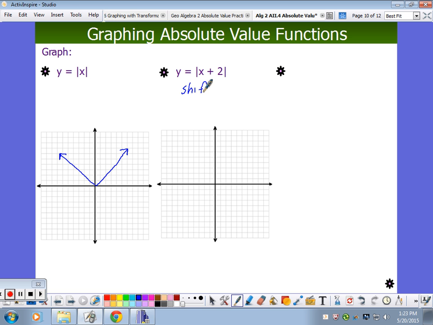To the left. So you're going to move over to the left 2, and pretend now you're back at the origin. And now from here, you just graph what it looks like. This is what we learned last time, how to easily and quickly graph what y equals absolute x plus 2 looks like, using transformations.